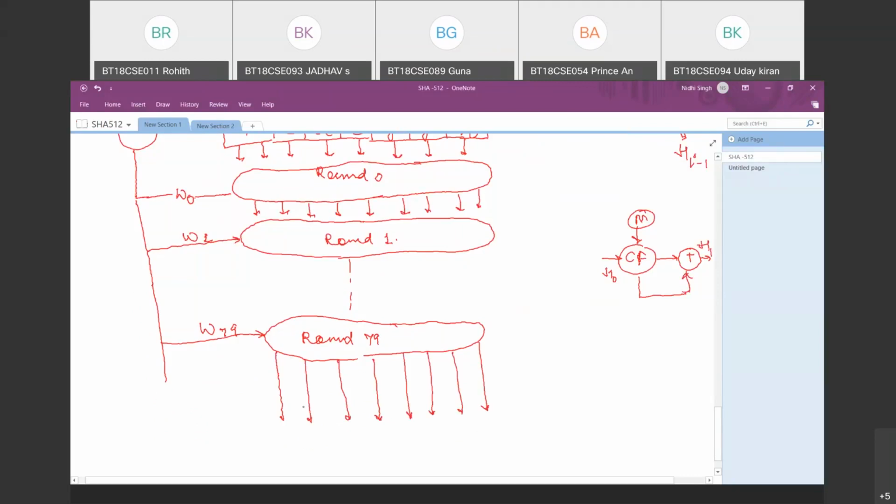I have 8 buffers, so I have drawn 8 lines here. So this CF has 80 rounds, right? Now my 80 rounds are finished, and these are the same outputs that I generated over there. This output will go to the addition modulo, to perform the addition modulo.